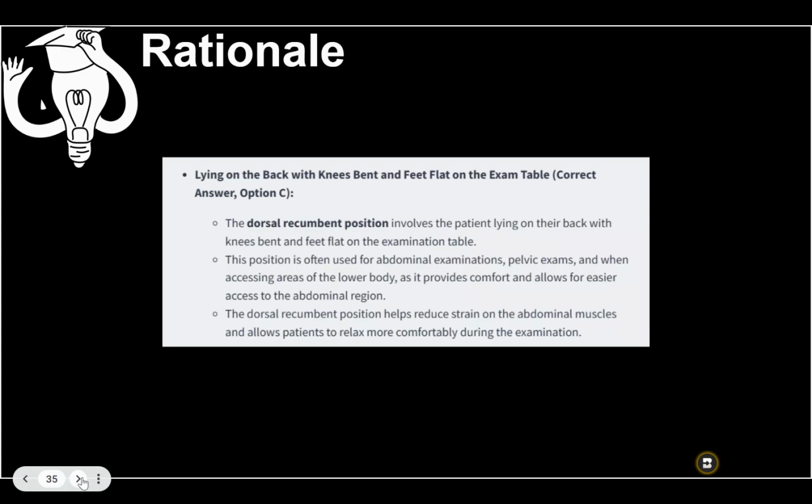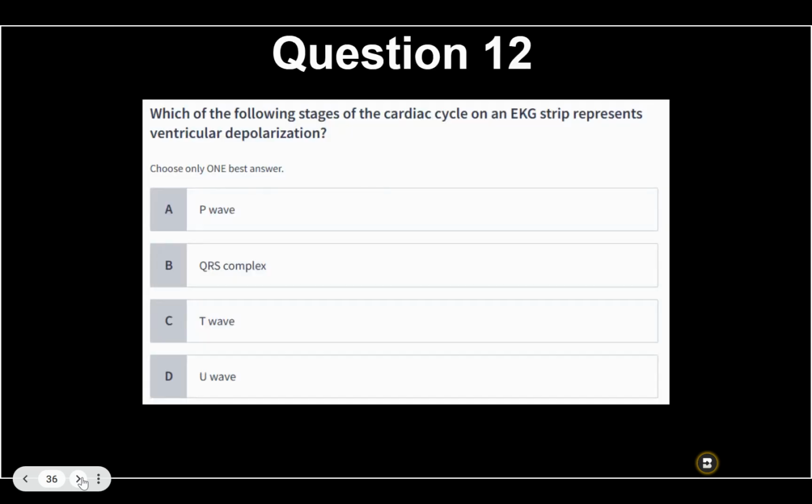It provides comfort and also allows for easier access to the abdominal region of the patient. Now, for those patients who come in with back pain, the dorsal recumbent position also helps reduce strain in this particular area. It allows them to relax and just be a bit more comfortable.